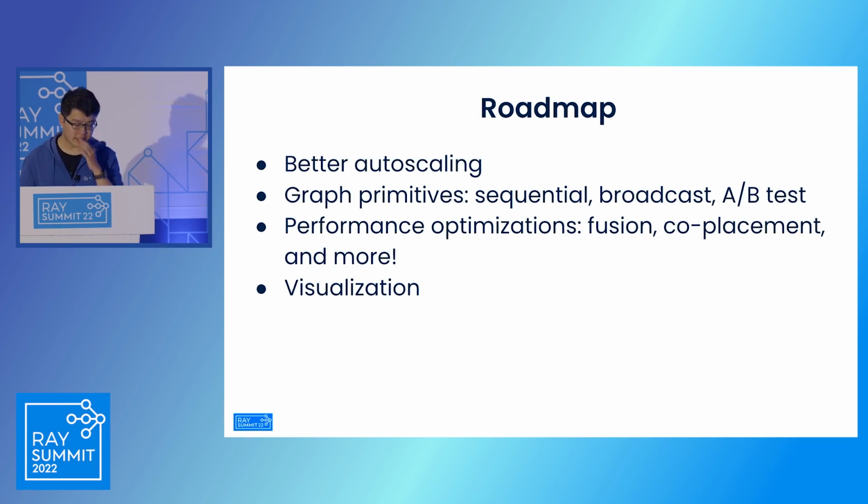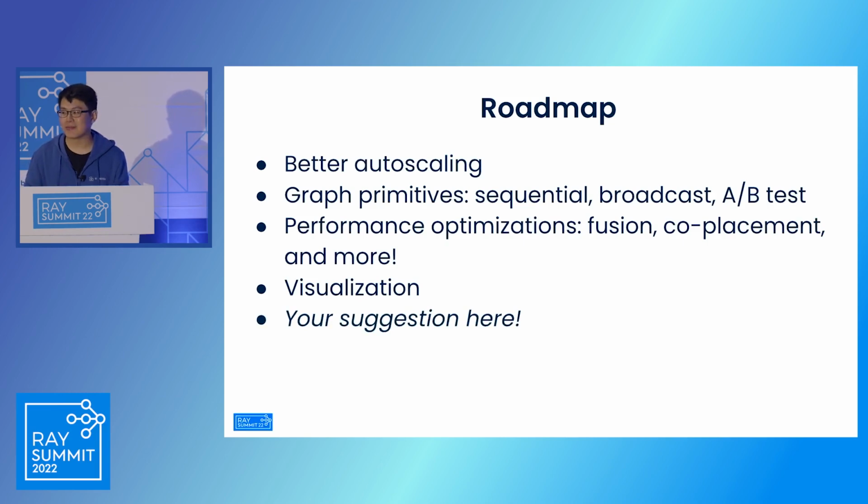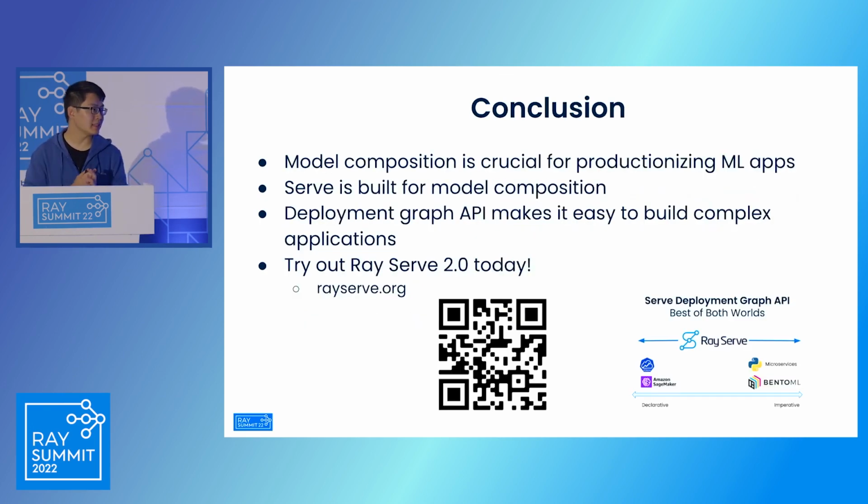This is really the next step to make sure that you can debug and observe what's going on with this kind of very complex, messy pipeline. And lastly, we're more than eager and happy to talk to you about your suggestions on the multi-model inference use case. And in conclusion, in this talk I covered how the Serve model composition ability is really built to power the most crucial part of your business application.